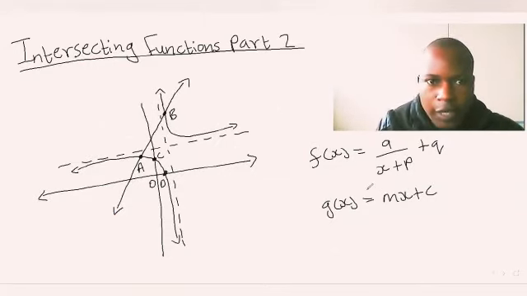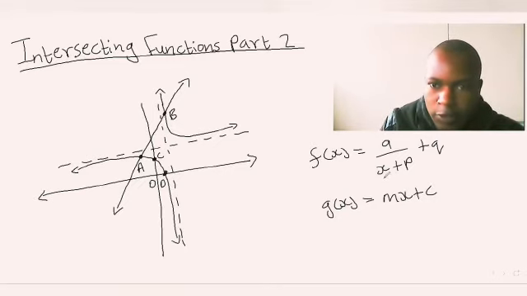So now, gents, I would like us to continue with intersecting functions, part 2. This would be with regards to the hyperbola function, that's the hyperbola function over there, as well as the linear function.